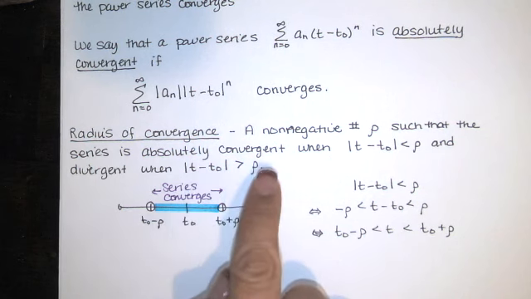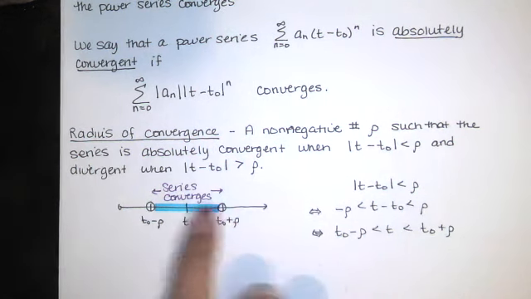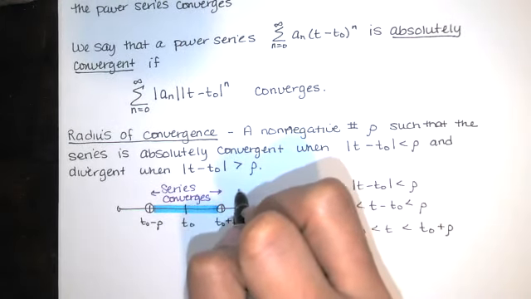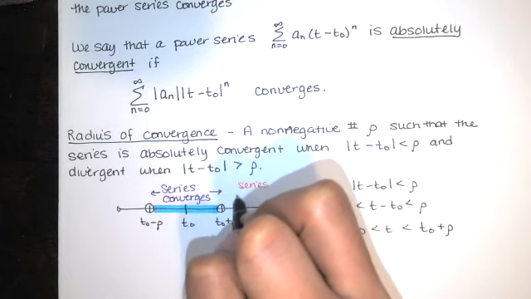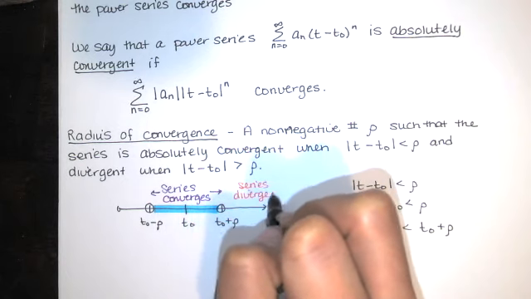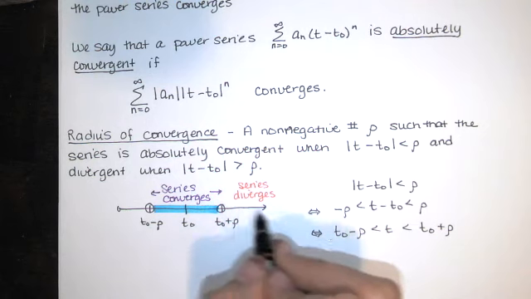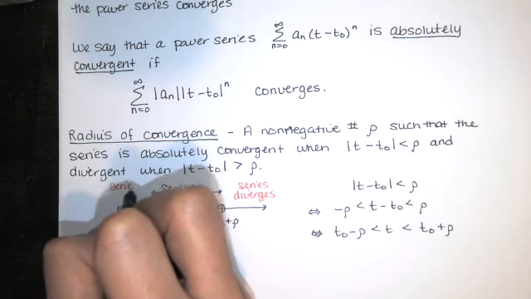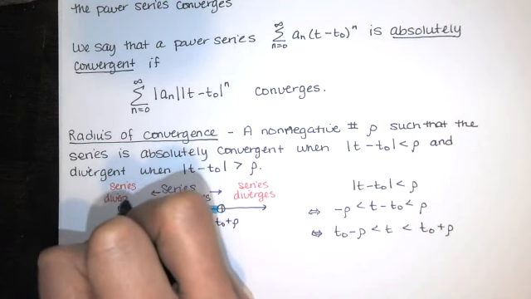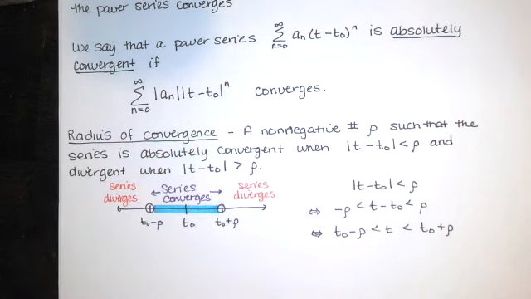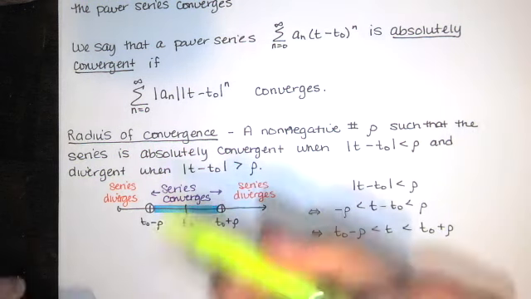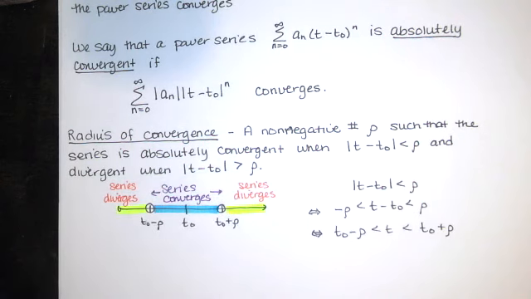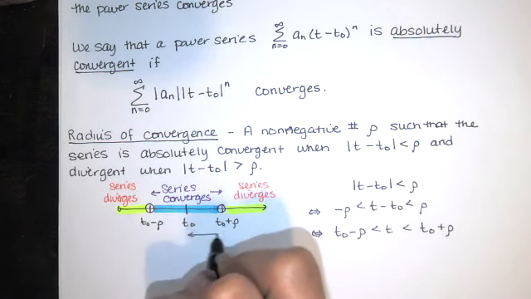That absolute value will be strictly greater than rho over here, when t is greater than t naught plus rho, or when t is less than t naught minus rho. In that case, rho is called the radius of convergence.